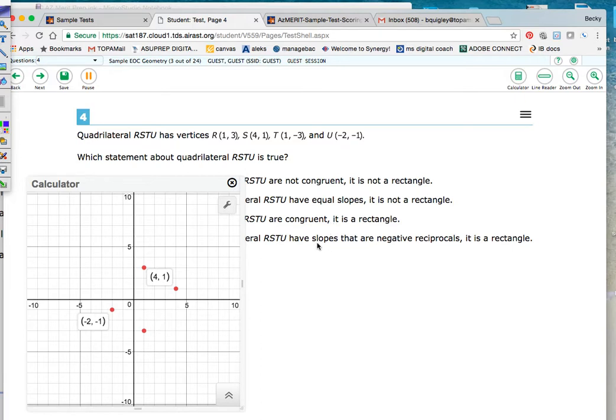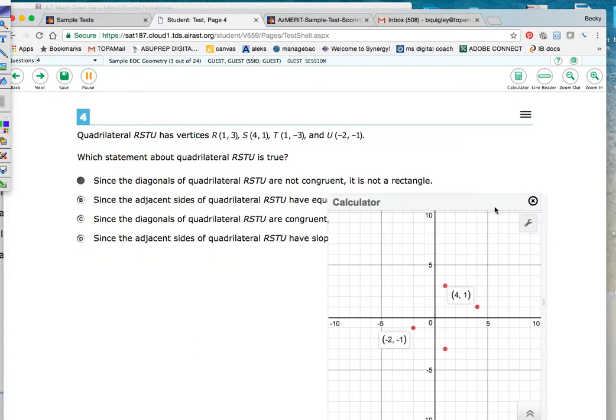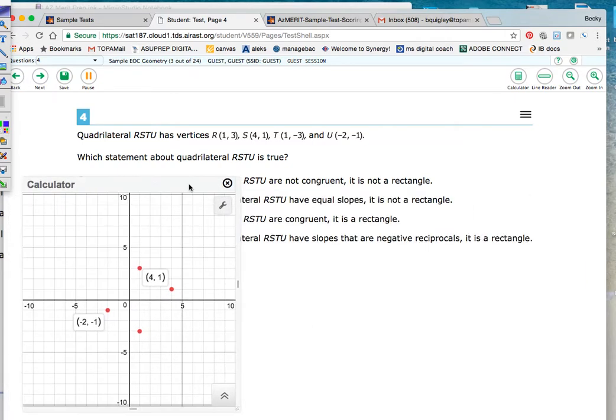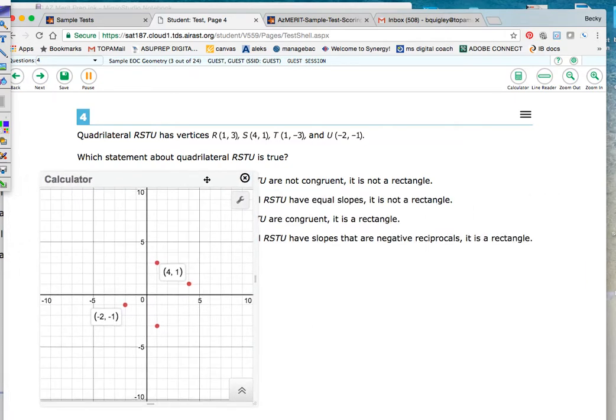And then it says that the slopes of the adjacent sides are negative reciprocals of one another. So let's see if that's true. The slope of this, 1, 2, 3, 4. So that slope is 4/3. Let's see what this slope is.